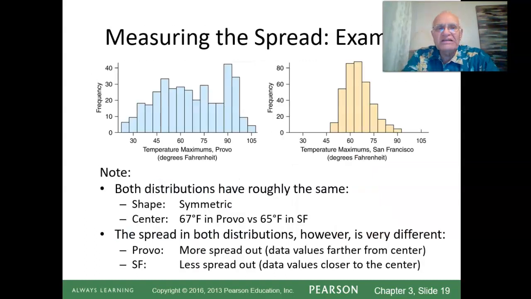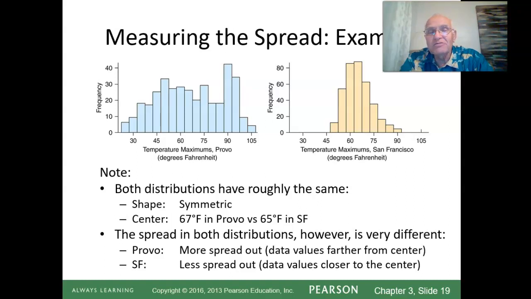So if we go to the next slide, you see that the means are very close to one another. Both the distributions are symmetrical, although the Provo one is not nearly as symmetrical as the San Francisco one. You see some bumps there, particularly with the high temperatures. However, the center of the distribution is very similar. 67 degrees is the average in Provo, 65 degrees is the average high temperature in San Francisco.